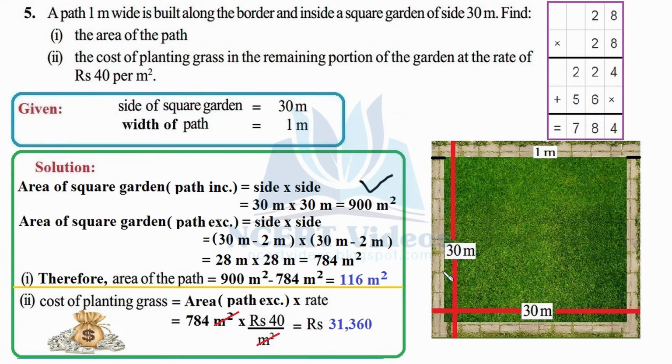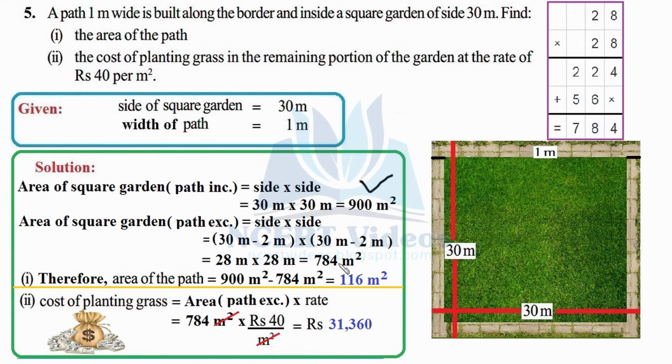Now area of square garden, path excluded, that is the actual garden which is now left. Initially it was 30, we have to subtract because 1 meter is used on this side and 1 meter is used on this side. So we will subtract 2 from 30. Again here same thing: 30 was the initial length, but 1 meter was used here, 1 meter was used here. So 30 meter minus 2 meter.